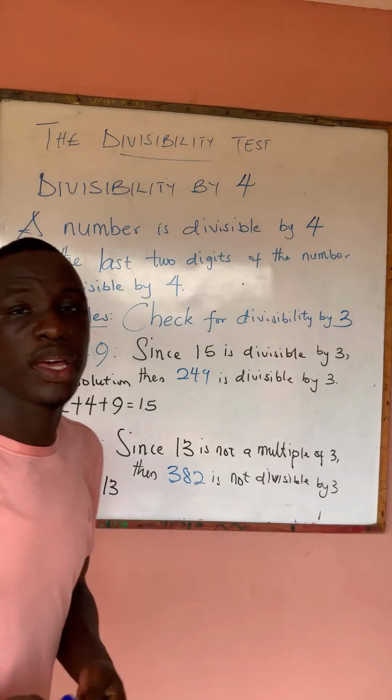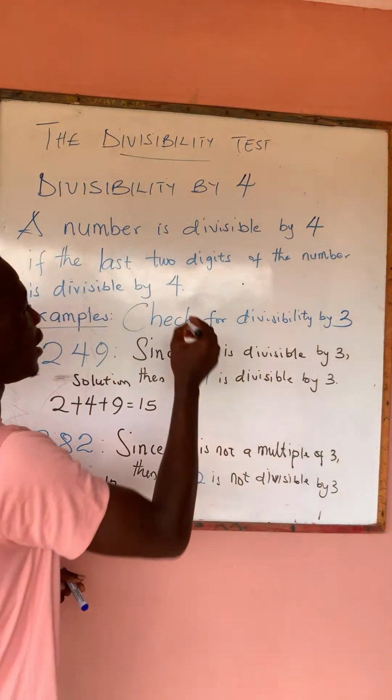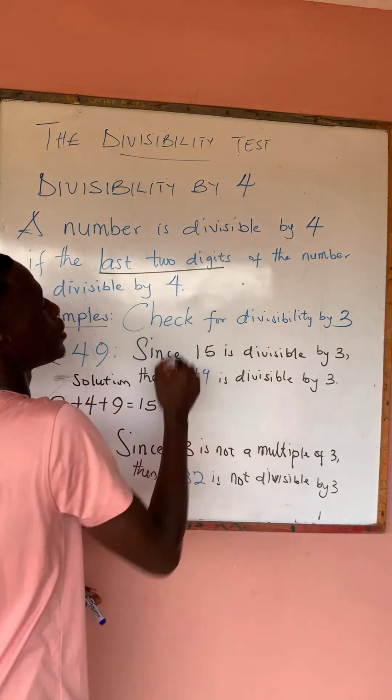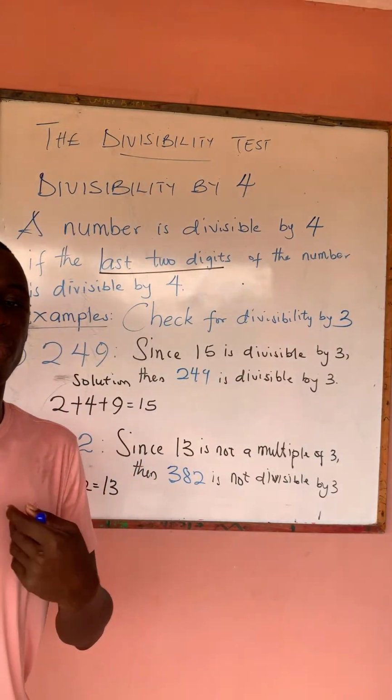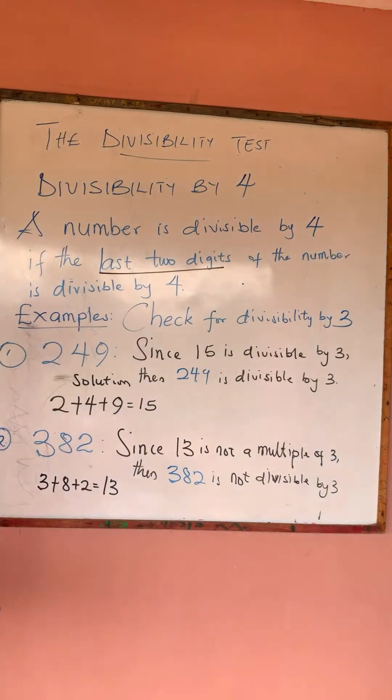Okay, so over here, the issue of concern is that the last 2 digits of the number should be divisible by 4. Alright, let's take an example to back it up.